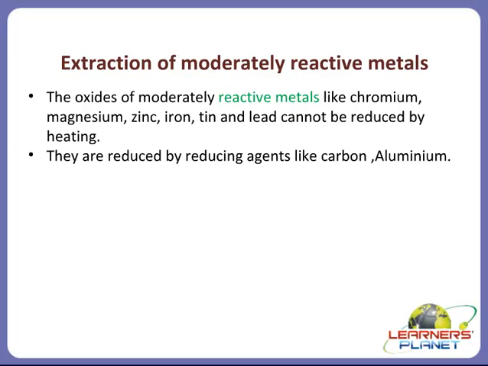When it is heated in the absence of oxygen, you are getting your metal in hand. But in the case of moderately reactive metals like chromium, magnesium, zinc, iron and tin, they cannot be reduced by heating only. So they are reduced by reducing agents like carbon, aluminium.